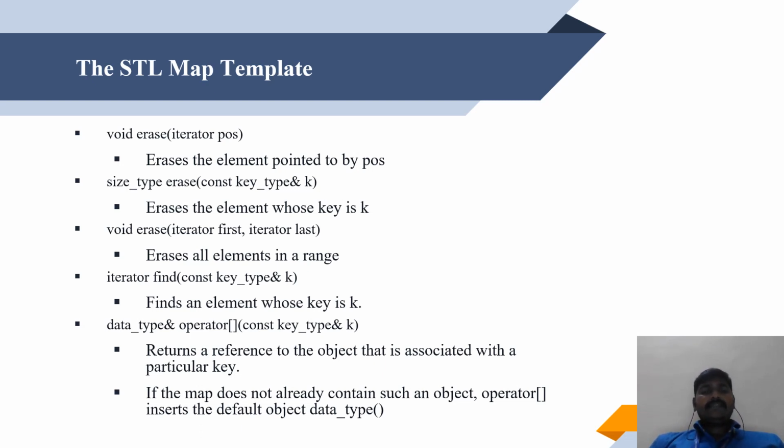So here the k is the key. With this key we can find the element you want. And similarly, if you want to return a reference, we can use the ampersand operator of and constant key. Along with that, we can provide the key over here.